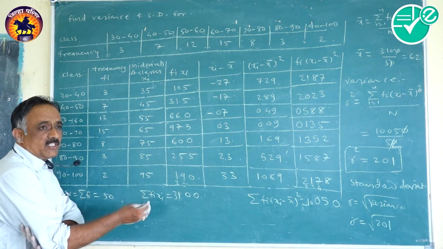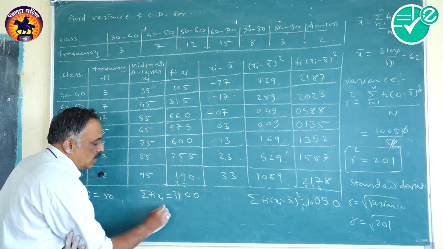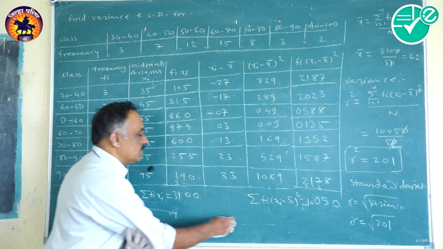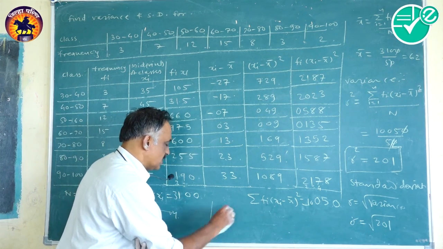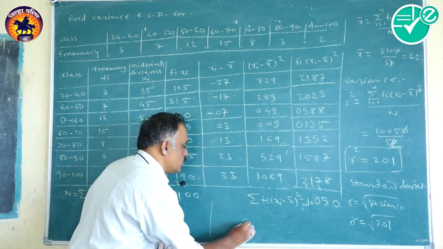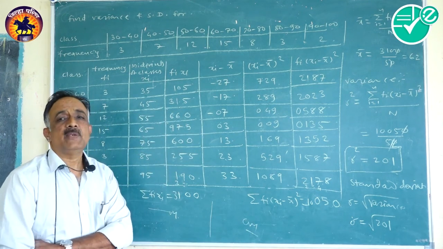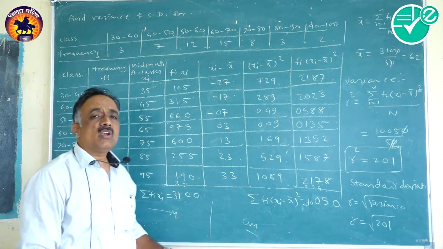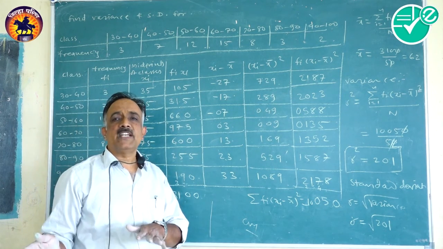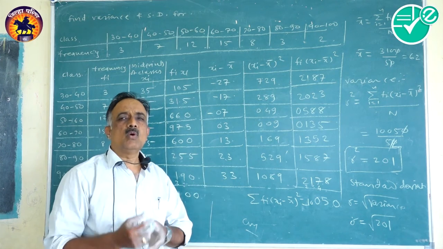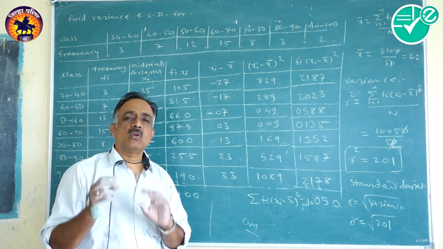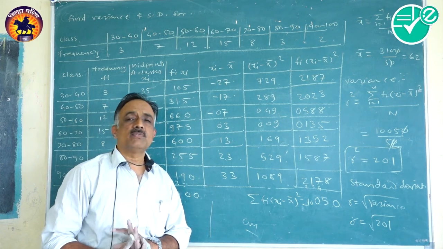In one standard deviation, the data is taken in meters, and in the second problem, the data is taken in centimeters. If the units are different, then we cannot decide which data is more spread or which data is more consistent. And for that, we want a quantity which is independent of the unit of the data.